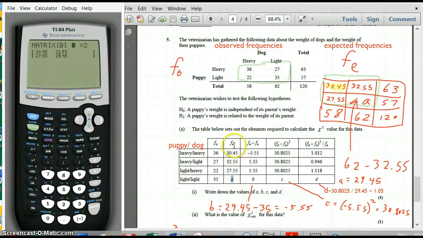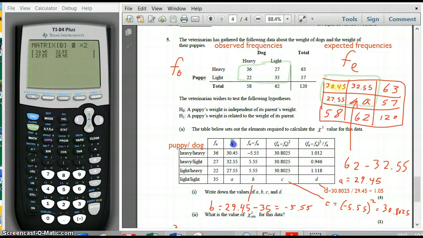Now B is just FE minus FO. And we know each of those values, so we just take 29.45, which we get from our calculator from this calculation. We subtract 35, which we get from here, and then that gives us negative 5.55. So B would be negative 5.55. Now what about C? C is saying take FE minus FO and square them.